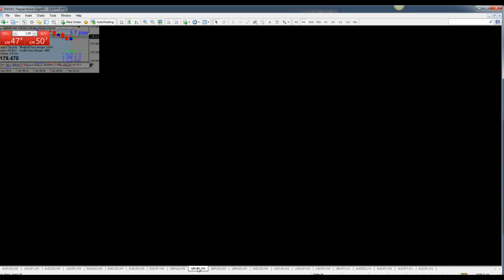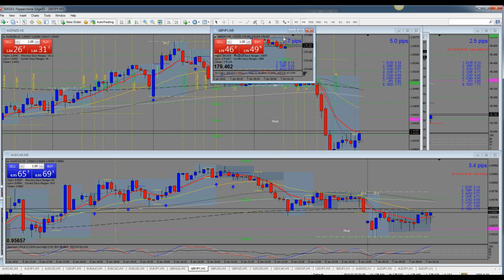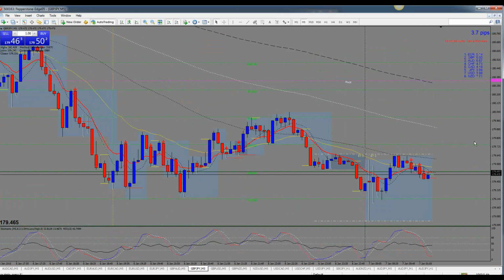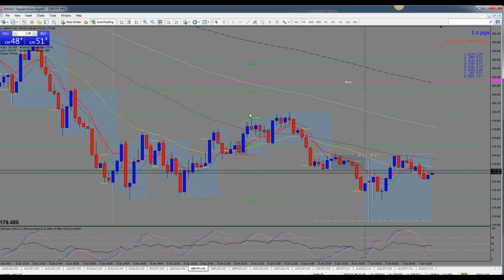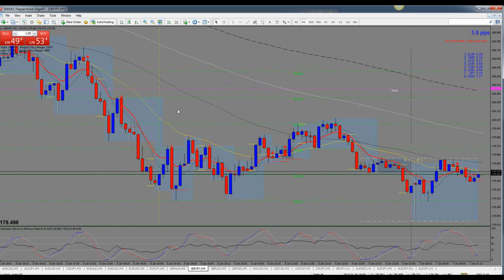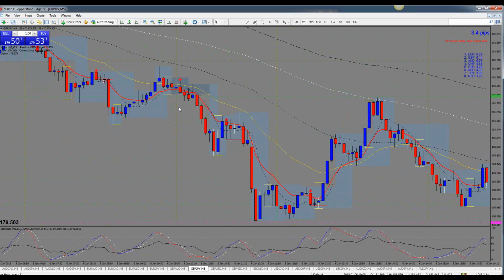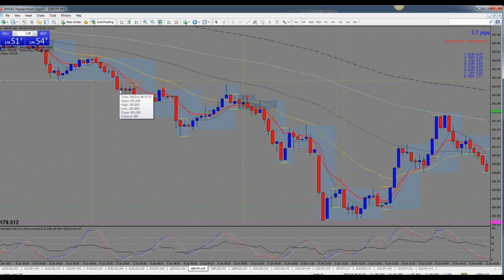So I have a pound yen trade. Let me open up this pound yen and pull this trade on it. There's my pound yen trade right here.